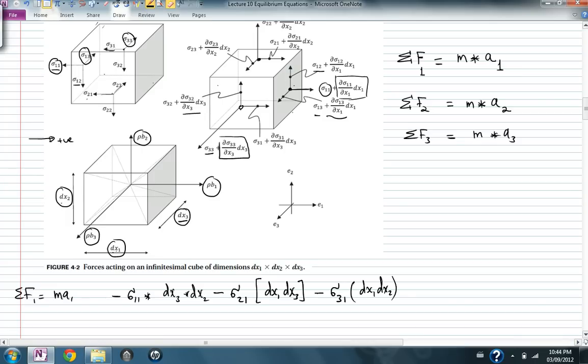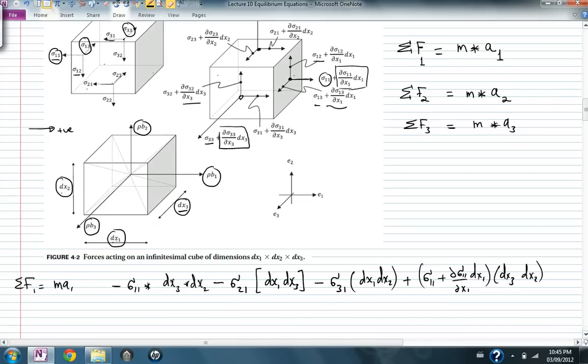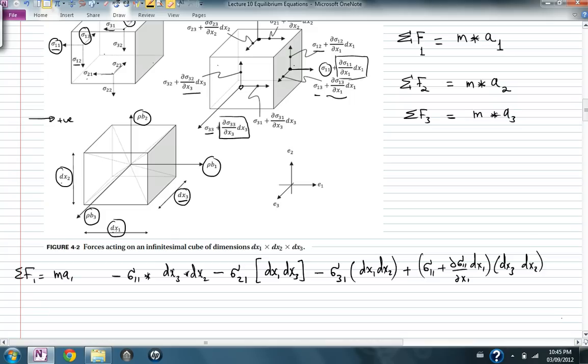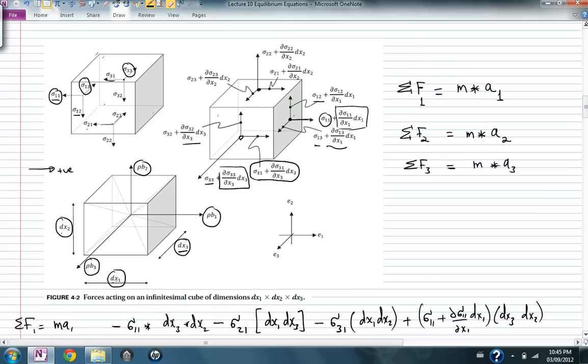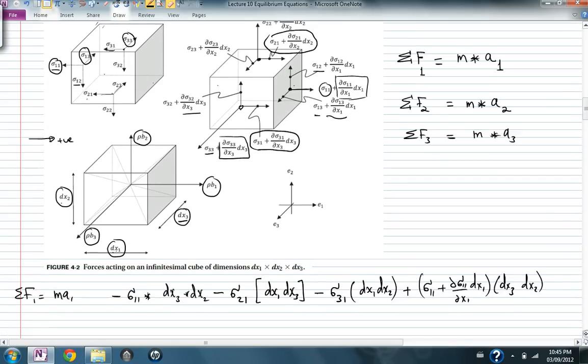On the front faces, I have in the positive direction sigma on 1 plus partial sigma on 1 by partial x1 dx1. This is the stress multiplied by the area, and the area is dx3 multiplied by dx2. Plus this guy, which is in the horizontal direction, plus this guy, which is in the horizontal direction. So I'm going to write both.